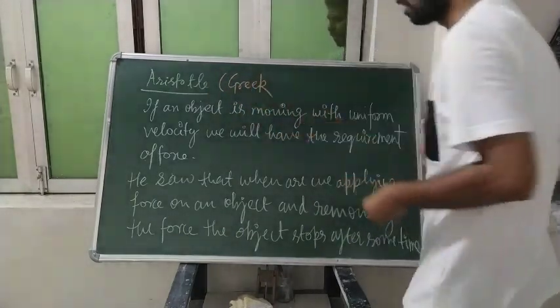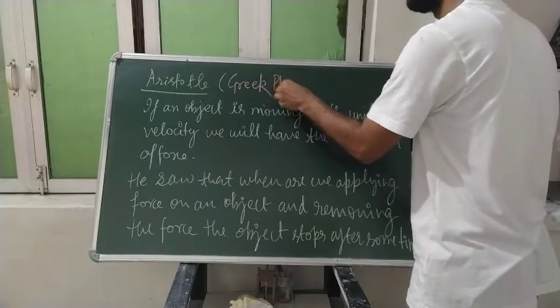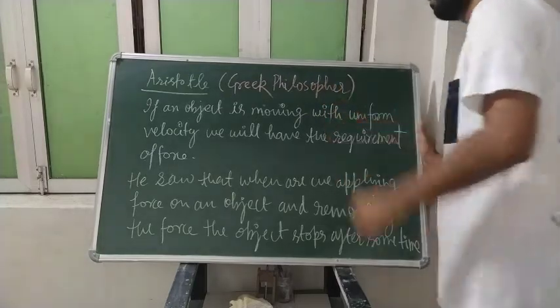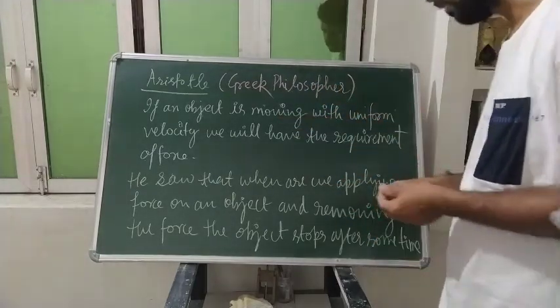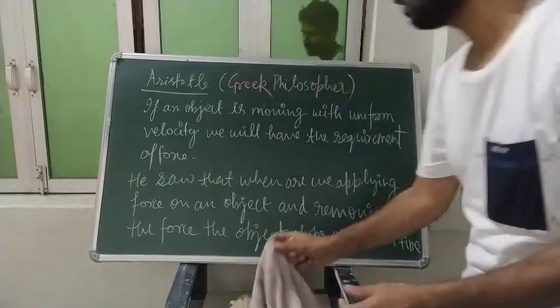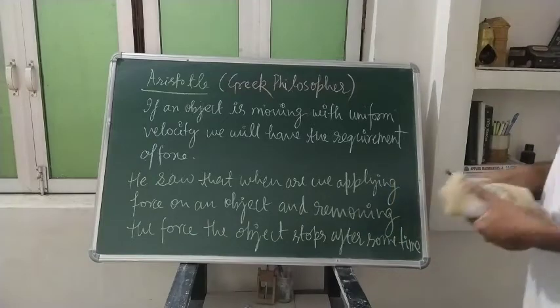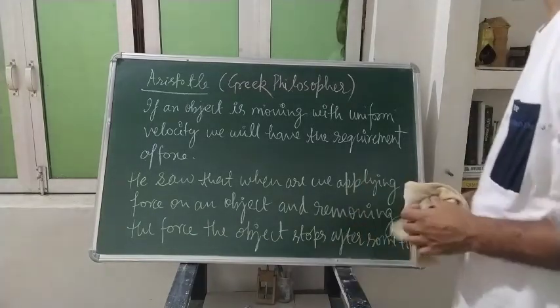You will be aware of Aristotle from your history chapter. So it was Aristotle who told that to maintain uniform velocity of an object, we have to apply some force on it.